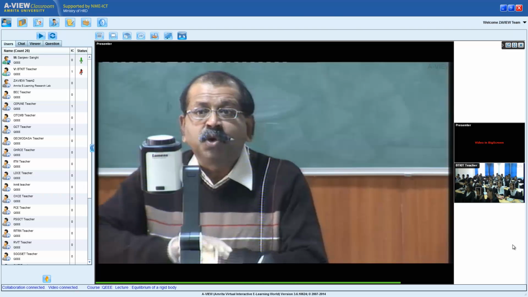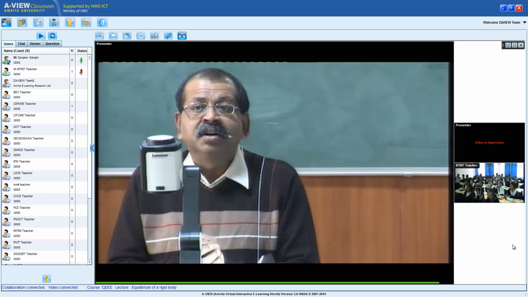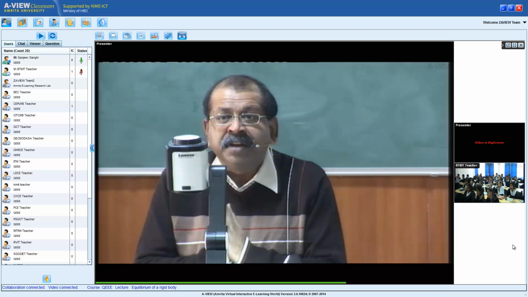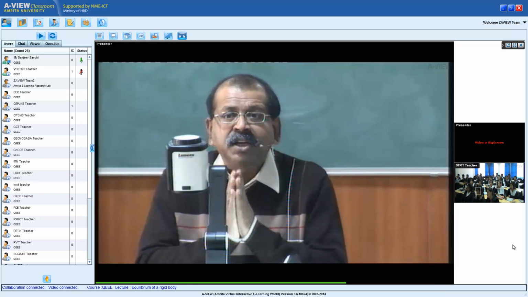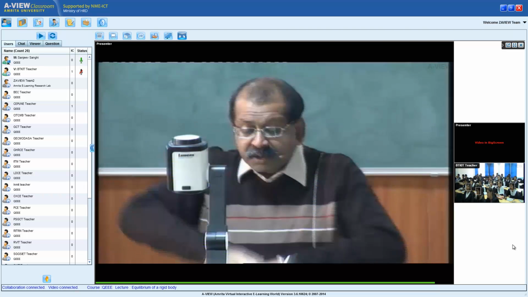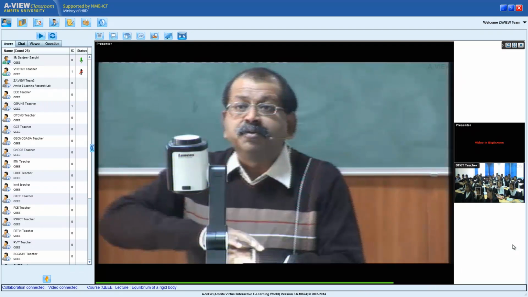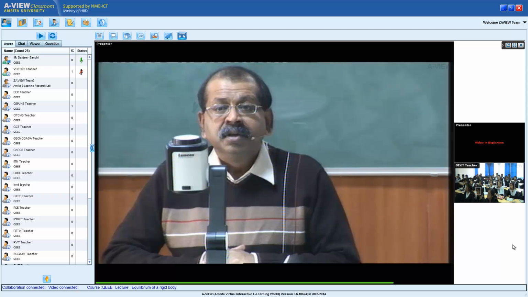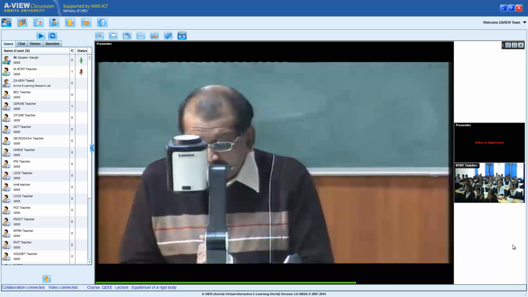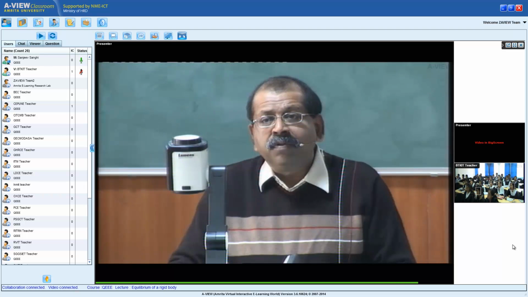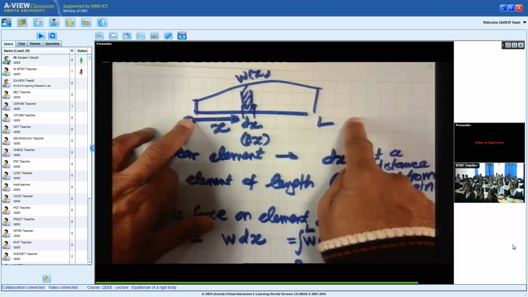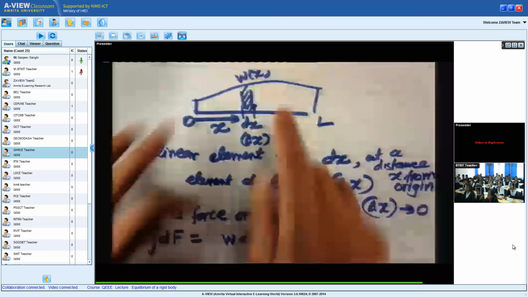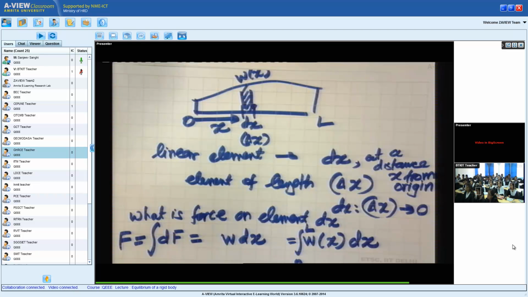Possibly your question is, if this force is acting along an area, as would be the case for pressure, then the effective force would be the volume under that loading. So for a linear force, it will always be the area under the loading, because the force is acting along a line. Was that your question or was it something else?